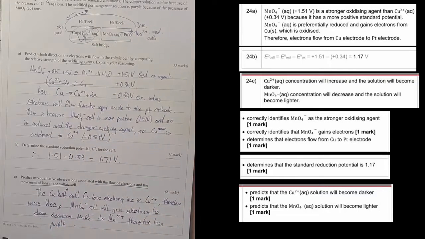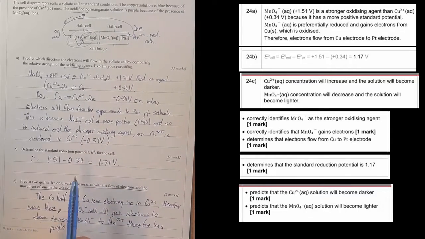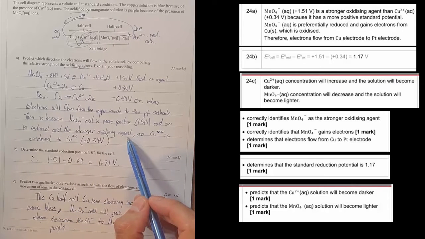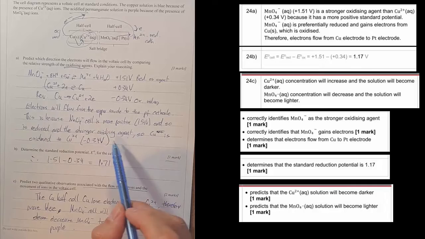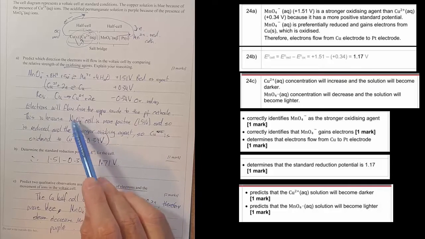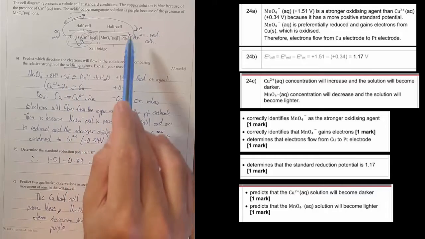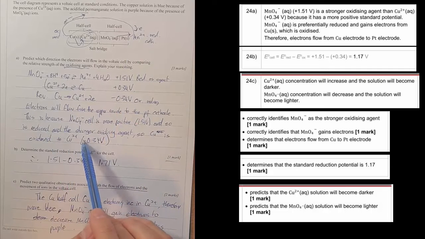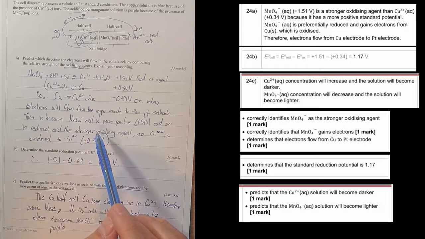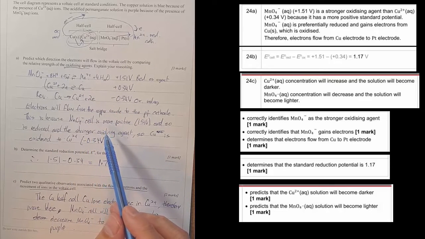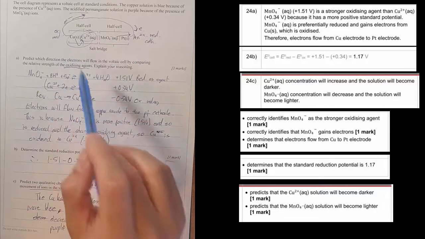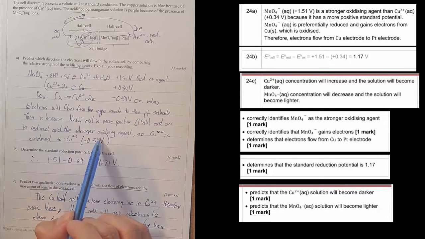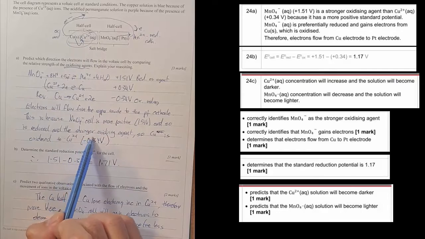Okay, just doing a quick check on the mark scheme here. Identifies Mn as a stronger oxidizing agent. Did that correctly. It gains electrons. I've written it there, and I've written it there. Have I written it elsewhere? Determines electrons will flow from copper to platinum.